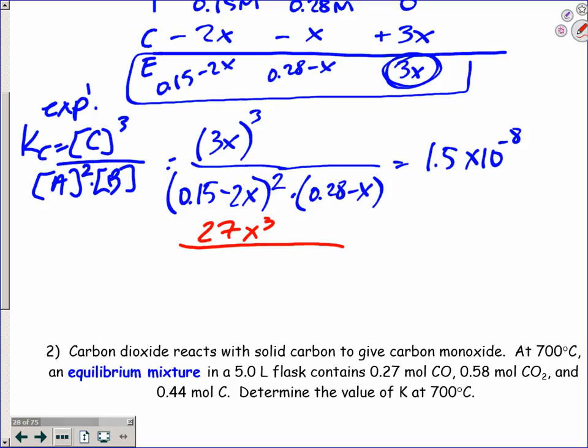What I'm showing you first is that it can get complex, but I want you to see some points here. We can square and then FOIL out, but overall, what's happening in this reaction? Look at the K value.